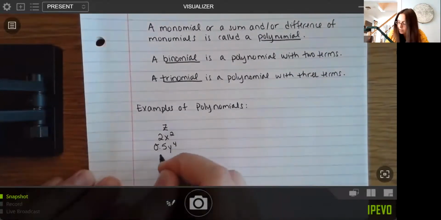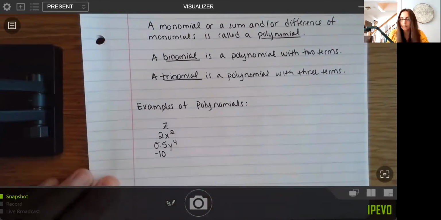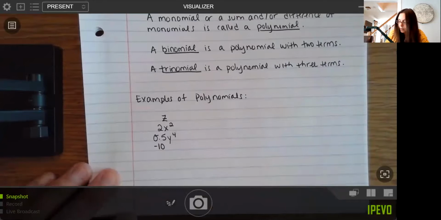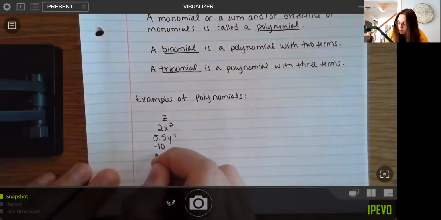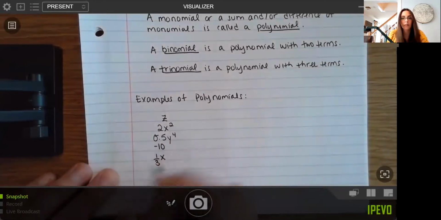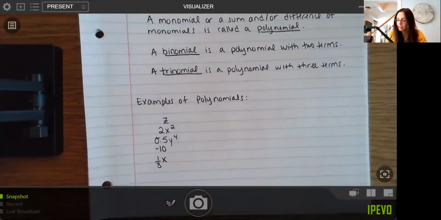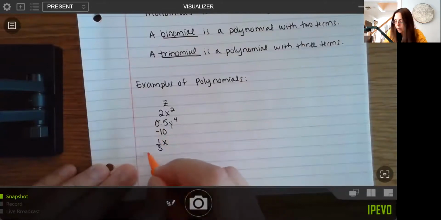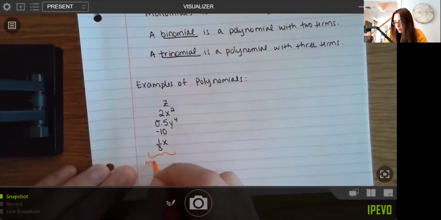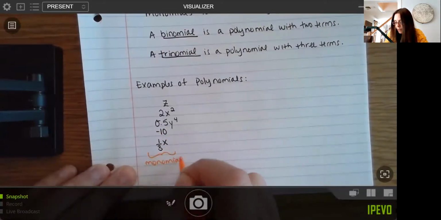I could have just the number -10. Okay, and so on. I'll do a fraction one too. I could have 1/3 x. Okay? So these are all polynomials, and also specifically, this style here is a monomial because it only has one term.